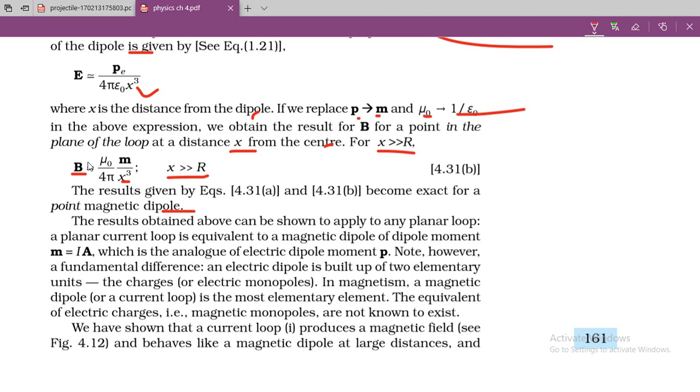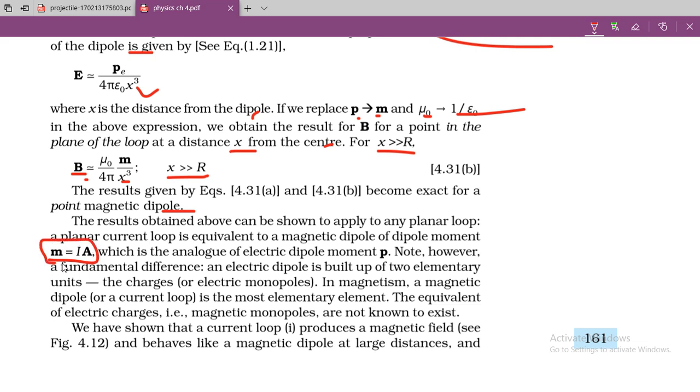These results are exactly true for point magnetic dipoles, and the result obtained above can be shown to apply to any planar loop. A planar current loop is equivalent to a magnetic dipole of dipole moment m is equal to I into A. This is the formula for magnetic dipole moment.